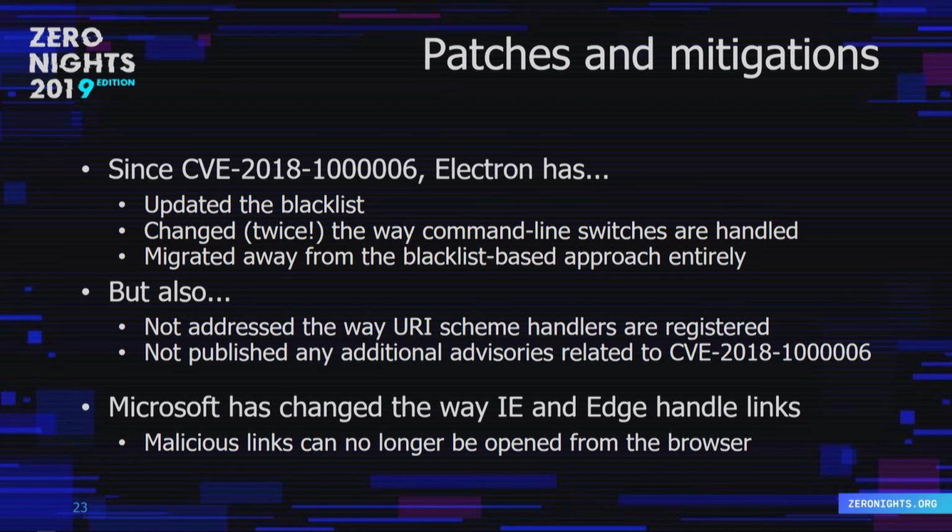Instead, they automatically, silently percent-encode the special characters, so that, for example, space becomes %20. You can still open those types of links from other apps, though, so the Windows patch isn't foolproof.